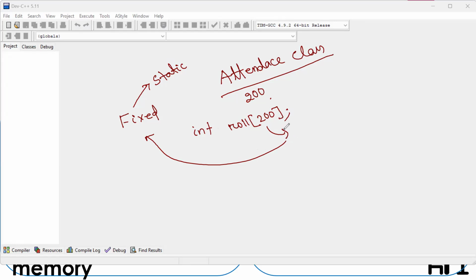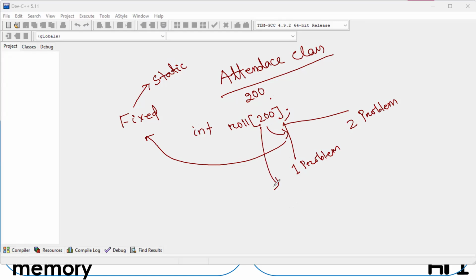Now, if the size becomes fixed, we'll face two different types of problems: problem one and problem two. What is the first problem? The number of values to be stored is less. That means I need to store a smaller number of students.